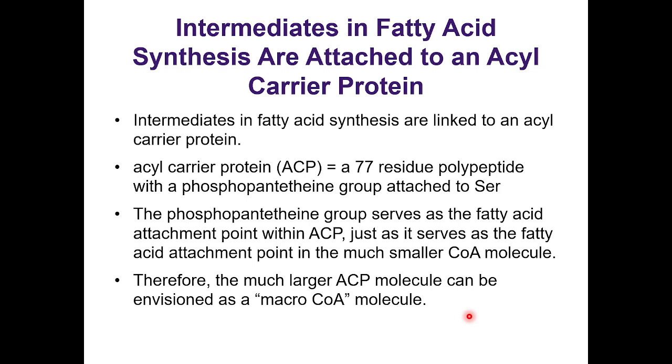This just serves as the fatty acid attachment point in the much smaller CoA molecules. The much larger ACP molecule can be envisioned as your sort of macro big CoA, okay? Whereas the other CoAs are your small CoA.